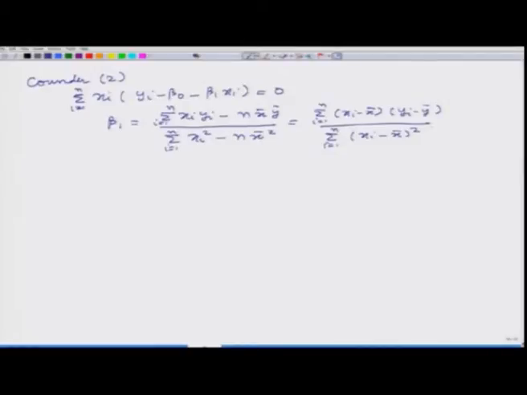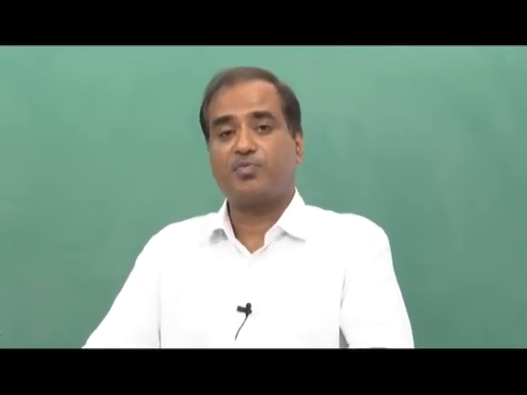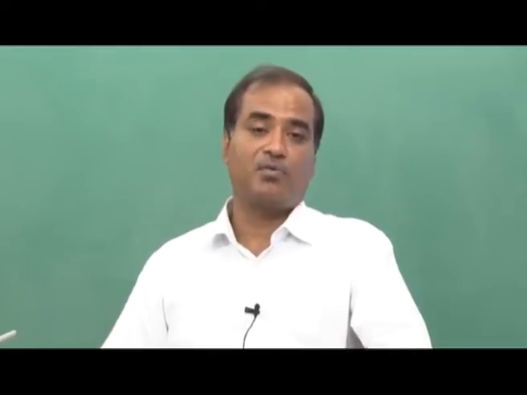Now, keep in mind that this x bar and y bar are simply our sample means, whatever observations we had obtained, based on that I can find out their sample means. So, x bar and y bar are known to us. Now I can see one thing, that when we started our model y equal to beta 0 plus beta 1 x plus epsilon, in that model this beta 0 and beta 1 were unknown to us.